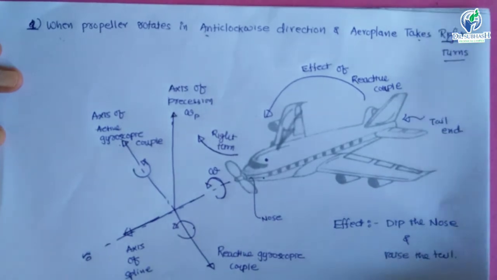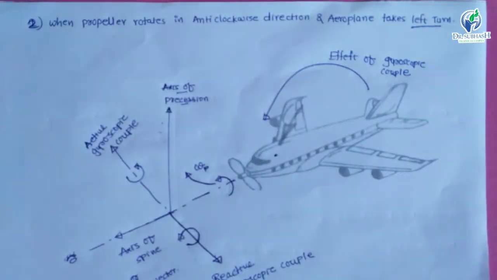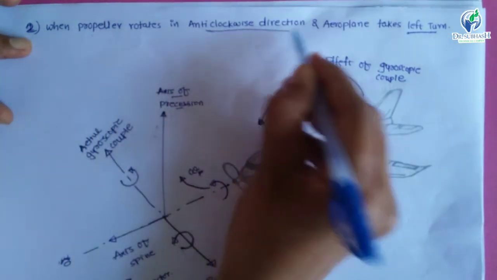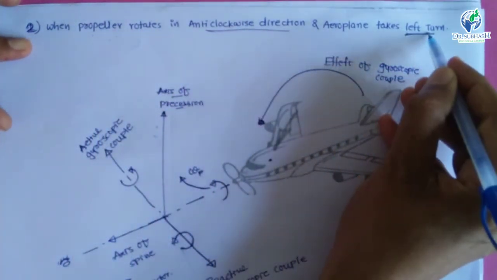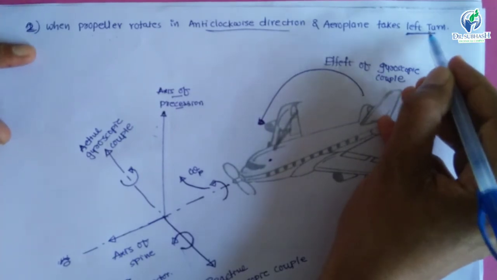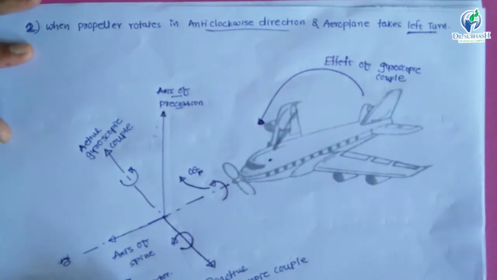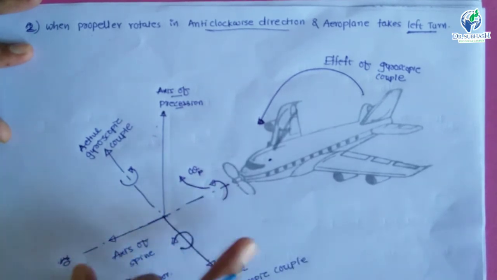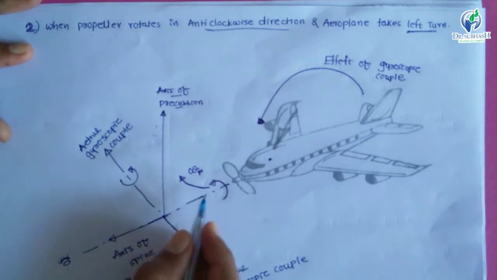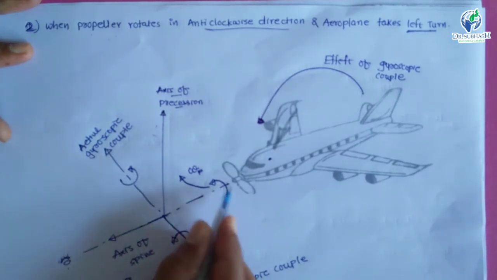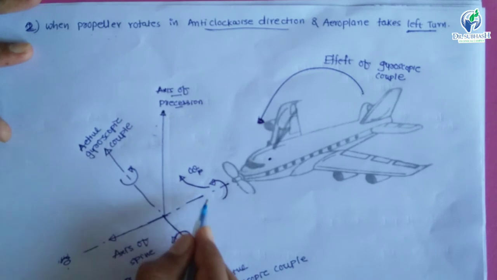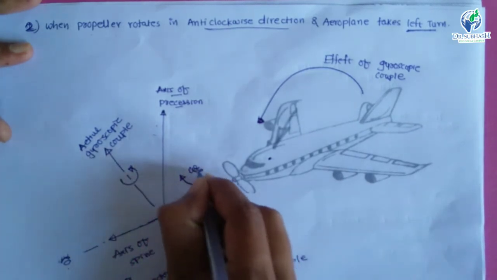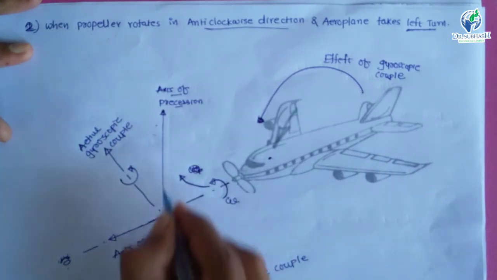Now similarly, let us consider a second case. The second case is when the propeller rotates in anti-clockwise direction and the aeroplane takes a left turn when viewed from the nose end of the aeroplane. So this is the nose end, and we view from the nose end. If we see from this end, then our rotor or propeller of the aeroplane is rotating in anti-clockwise direction with omega angular speed.